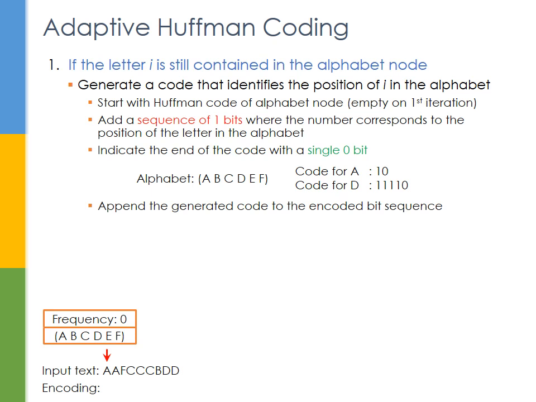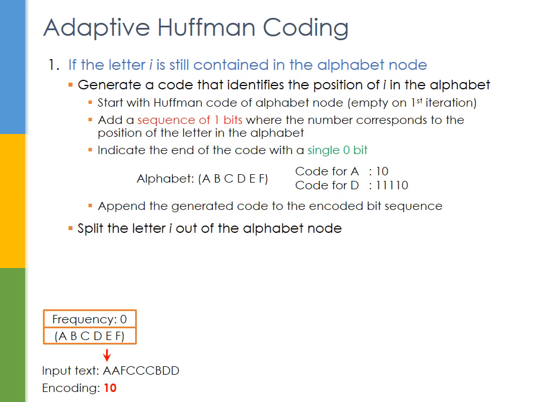So the first portion, the Huffman code of our alphabet node, is empty. We then have a single 1 bit, which indicates that the A is in the first position within the alphabet, and then we follow that with a 0. So now we've finished encoding the letter A from our input text.